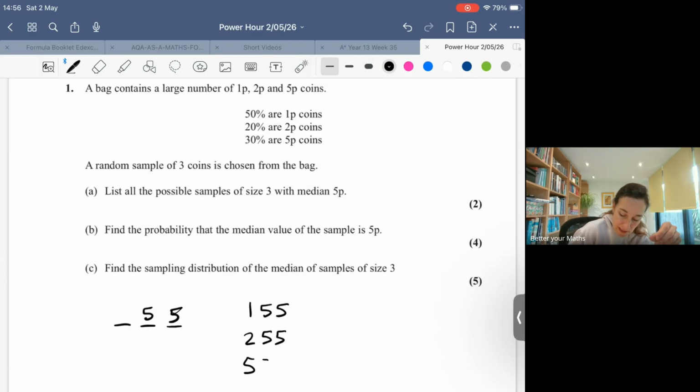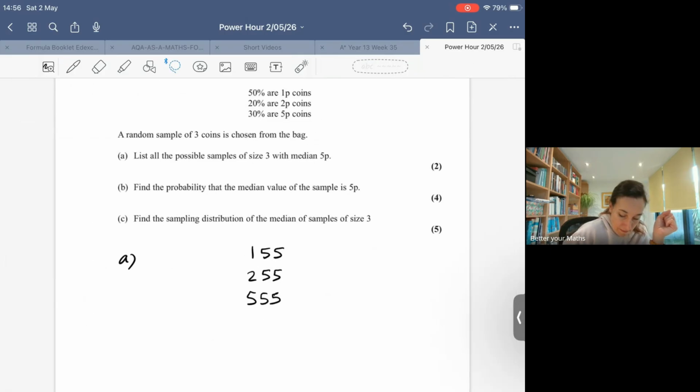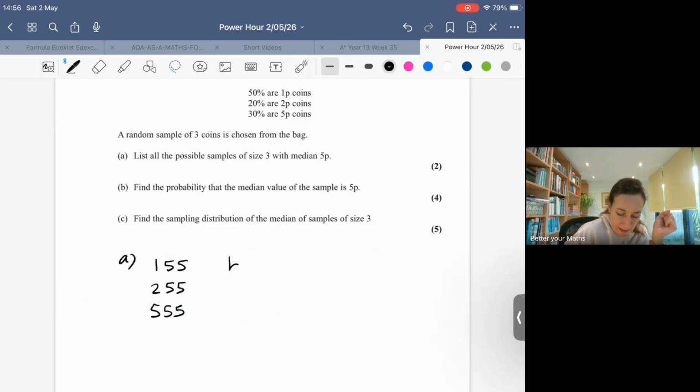These three have median 5. Remember what the median is? It's when I have my numbers in order, the middle one. So these are my options, nothing else. Sometimes it's just a bit of thinking, not even probability maths, it's more logic.